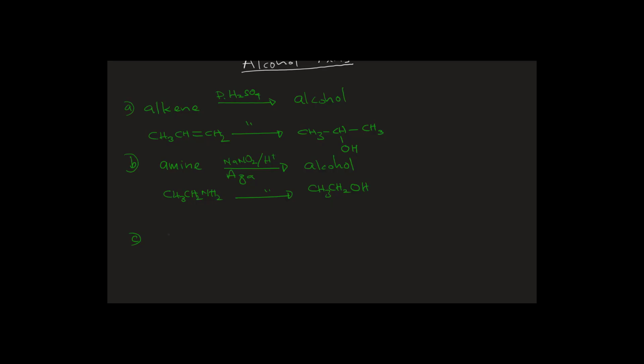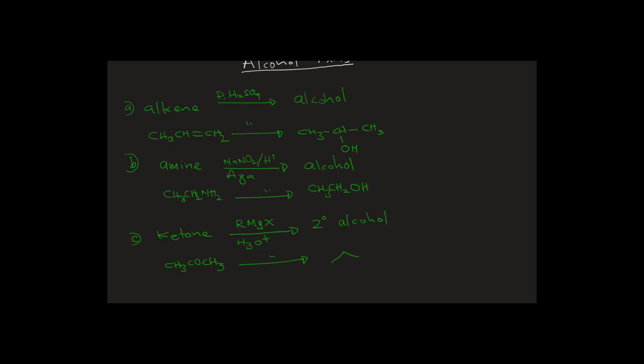Now, the other synthesis method we can do is to take a ketone and react it with a Grignard reagent, which is basically RMgX. You can choose whatever R group you need as the Grignard reagent. Because you're starting with a ketone, you're going to end up with a tertiary alcohol.